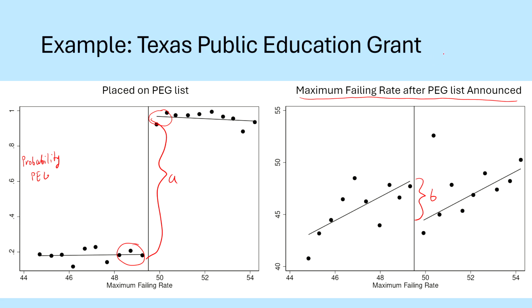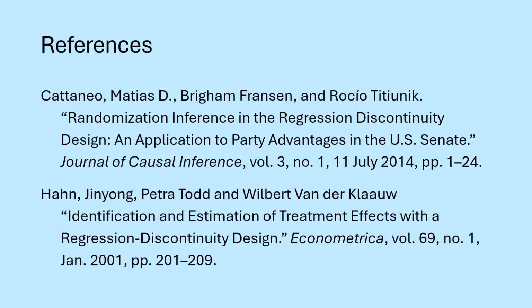So the treatment effect, just like before, the expectation of our treatment effect right at the cutoff is going to be this B divided by A. So that's all for this presentation. Hopefully it was helpful. We covered not only the regression discontinuity method, but an extension to it called the fuzzy regression discontinuity method. There are tons of ways to go deeper into regression discontinuity.